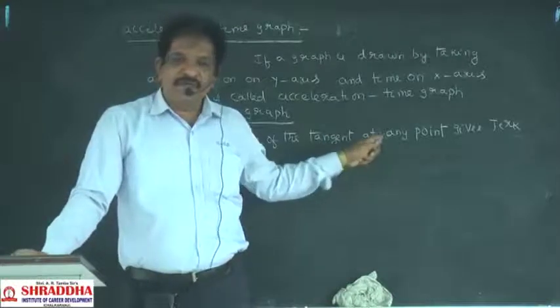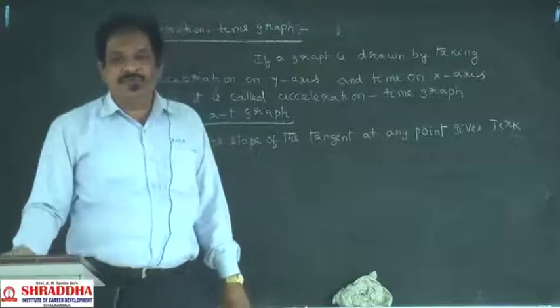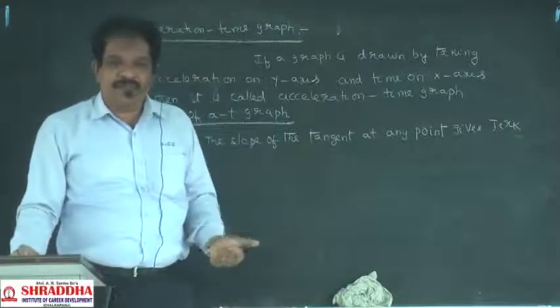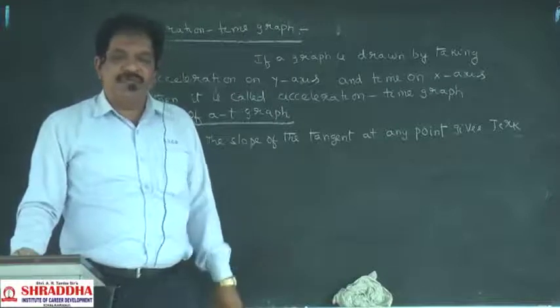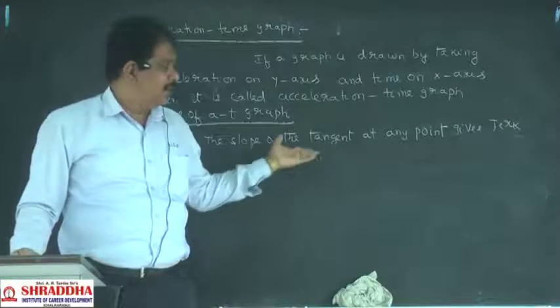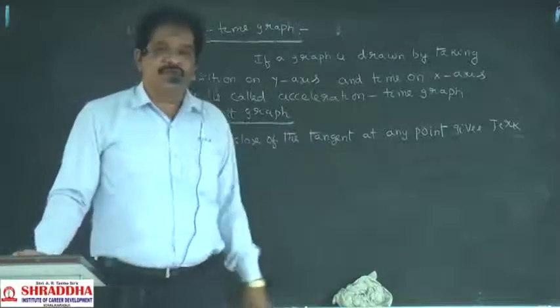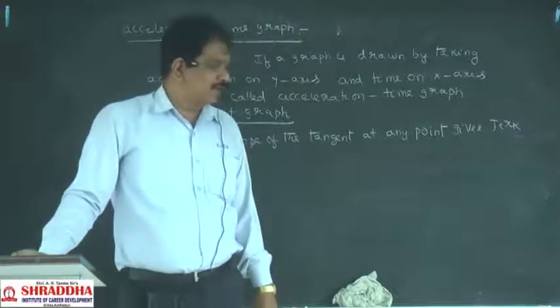Velocity by time, dv by dt, will be called instantaneous acceleration. ds by dt will be called instantaneous velocity. dA by dt will be called jerk. The slope of the tangent at any point will give jerk.